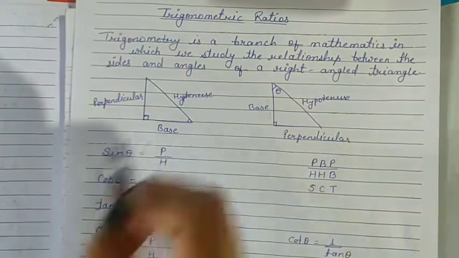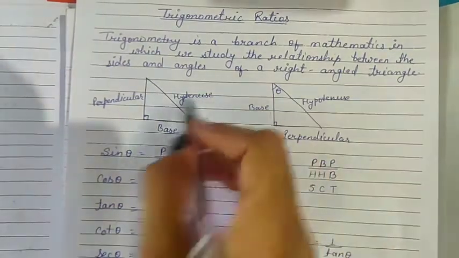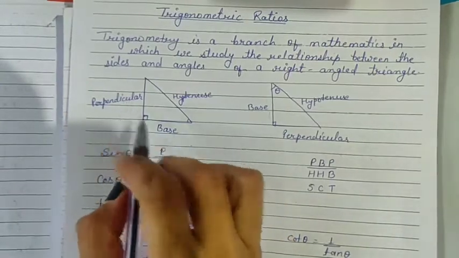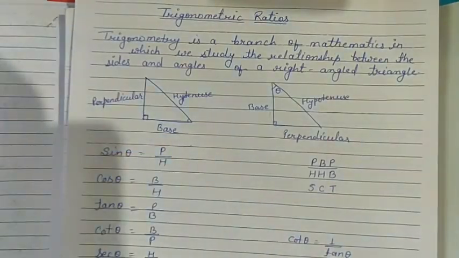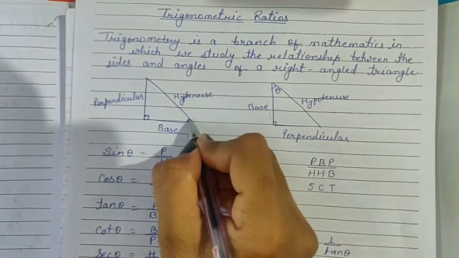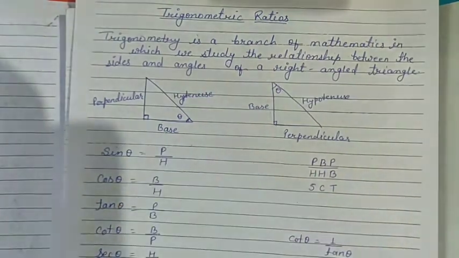This is its right angle, and the side opposite to the right angle is called the hypotenuse. Now these two sides are perpendicular and base. We can take any one as perpendicular and the other as base. Students, if I take this angle as theta, then this side is base.